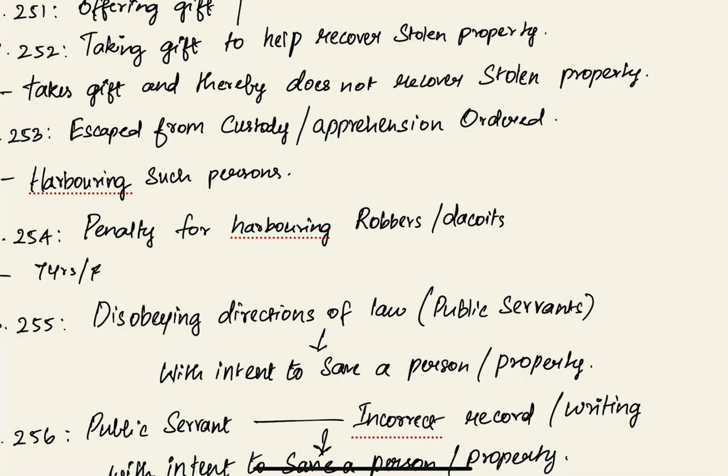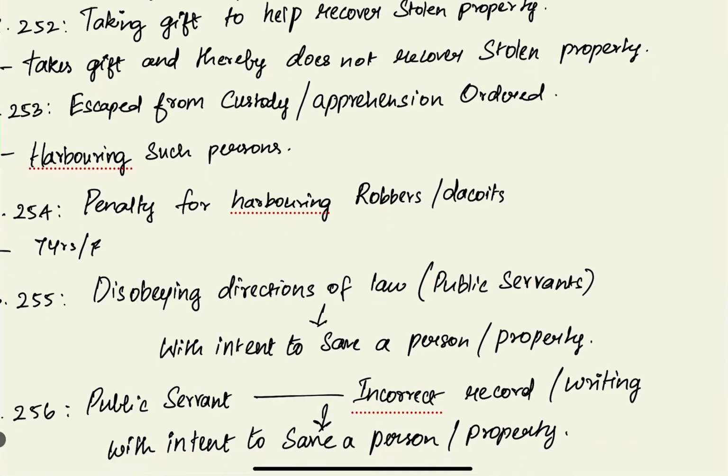So for the purpose of concealing that there has been a stolen property, and in furtherance to that, if any person in charge to recover such stolen property takes gift and does not recover such stolen property, such person shall be punished under the section 252.